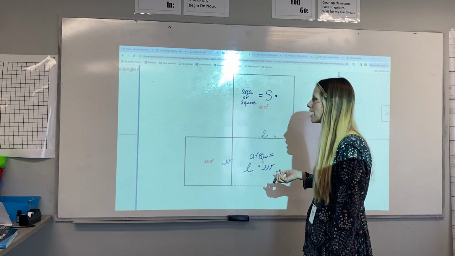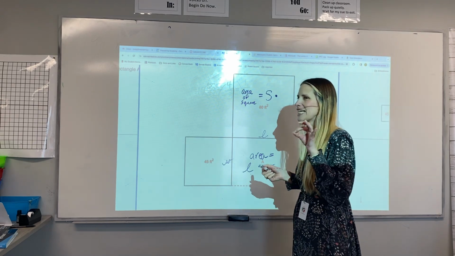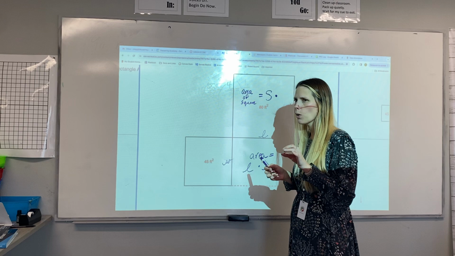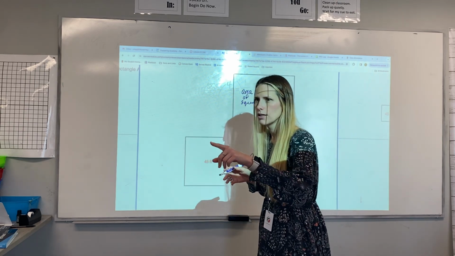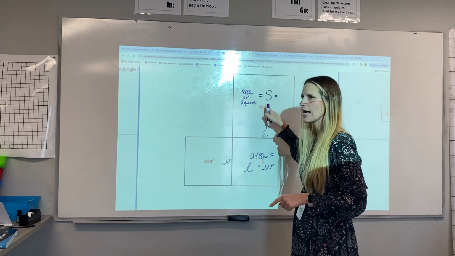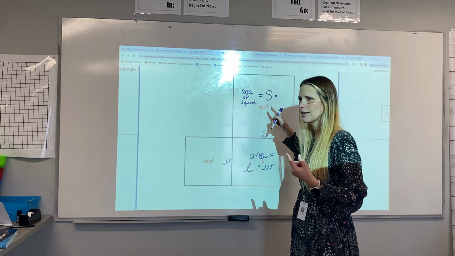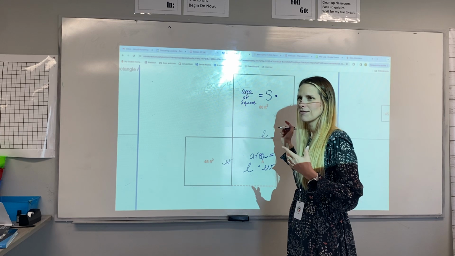Didn't we say that the sides of a square are all exactly the same? So I would multiply the side times another side. Well, technically the other side. Length times width.